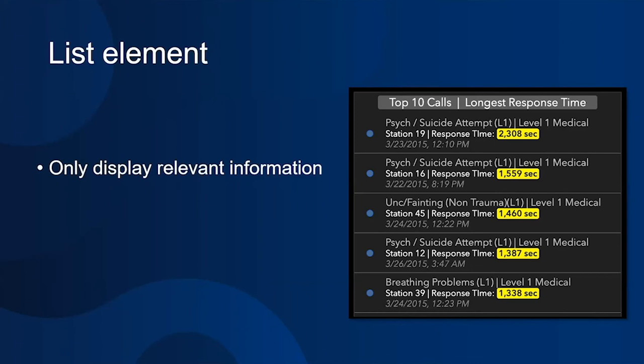For example, here it's showing the top 10 calls. Okay, we are even sorting the data here based on maybe a certain priority or the number or the period. So list elements are very important. Plus, the most important thing is what data you are representing in this list. Maybe I can represent the object ID, which is useless; nobody will understand anything.